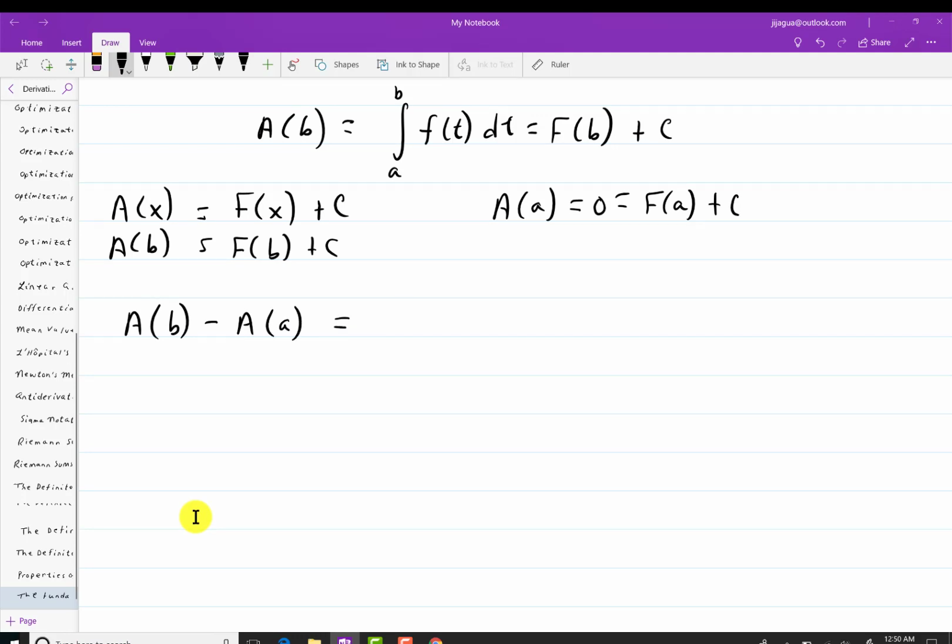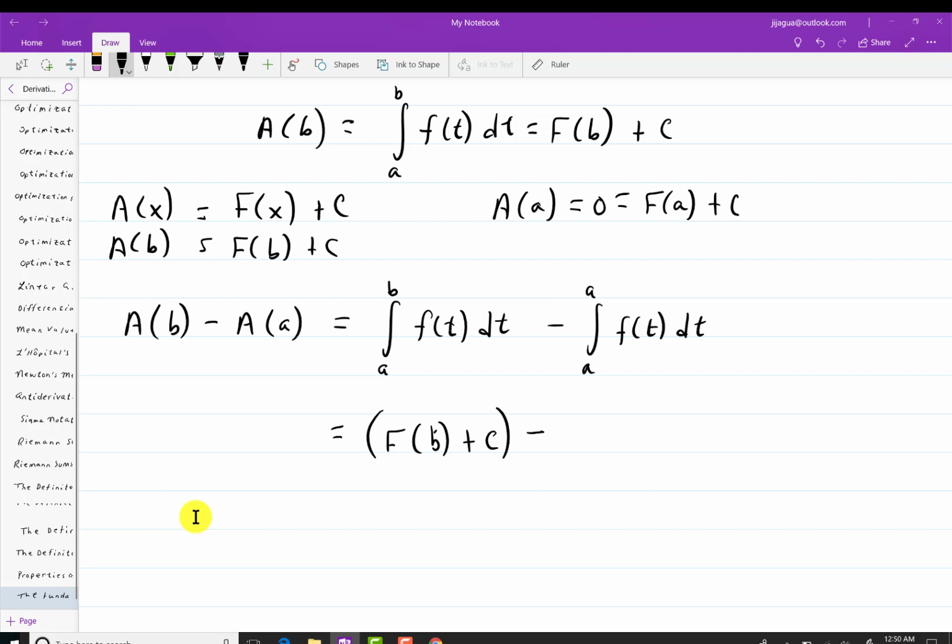On the one hand, that's the integral from a to b of little f of t dt minus the integral from a to a of f of t dt, and I know that this equals F of b plus c minus capital F of a plus c.